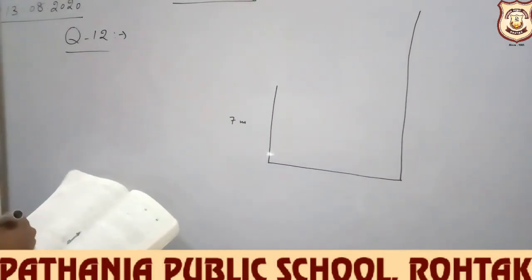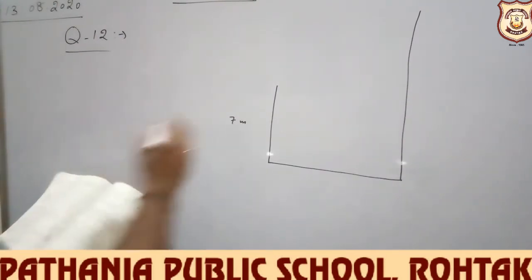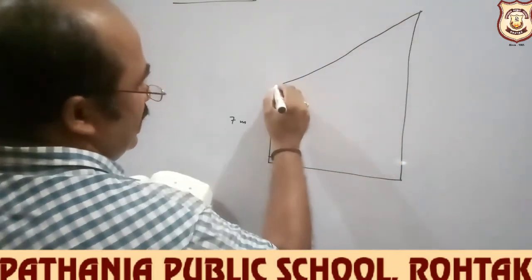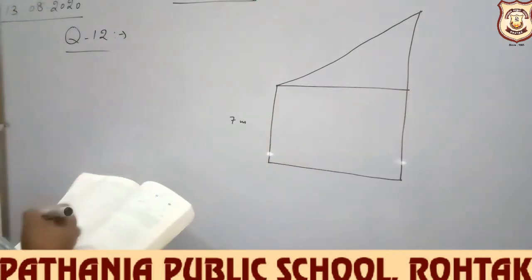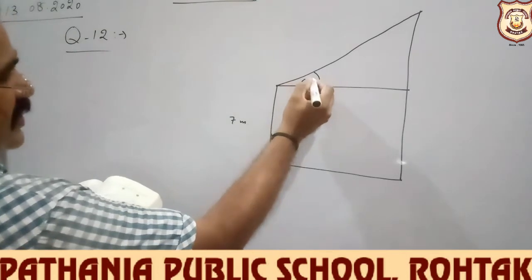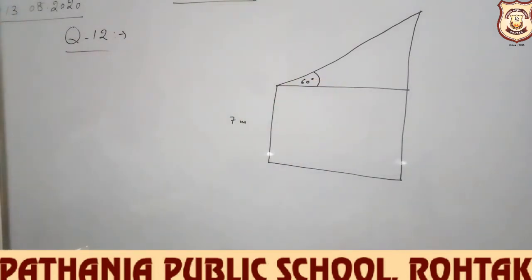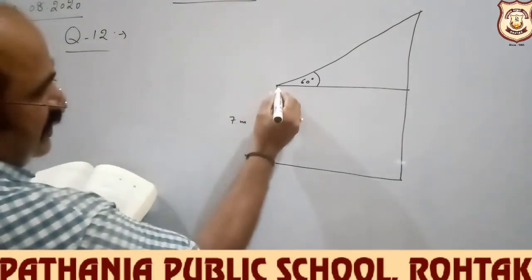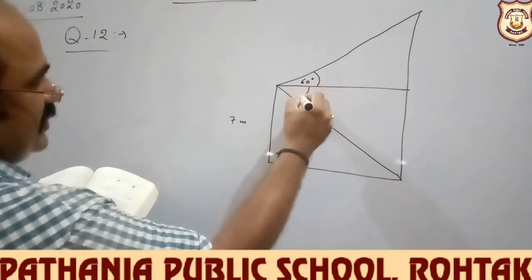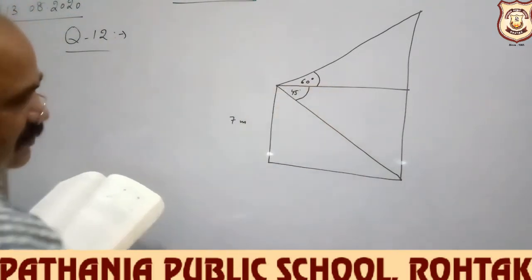They are saying from the top of a 7-meter high building, the angle of elevation is given as 60 degrees, and the angle of depression of its foot is 45 degrees.